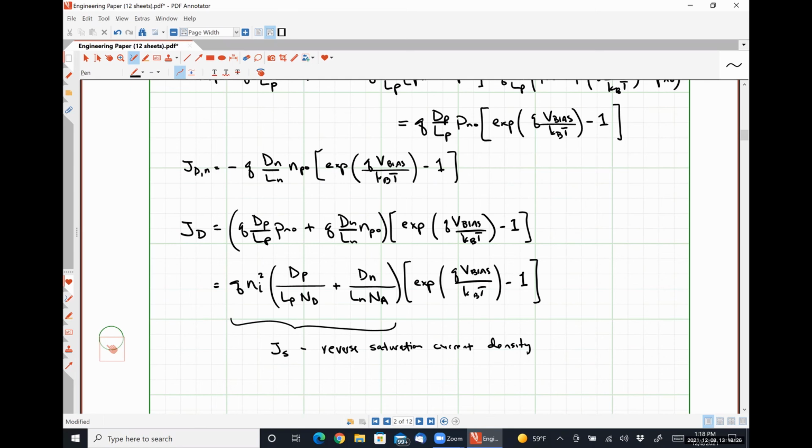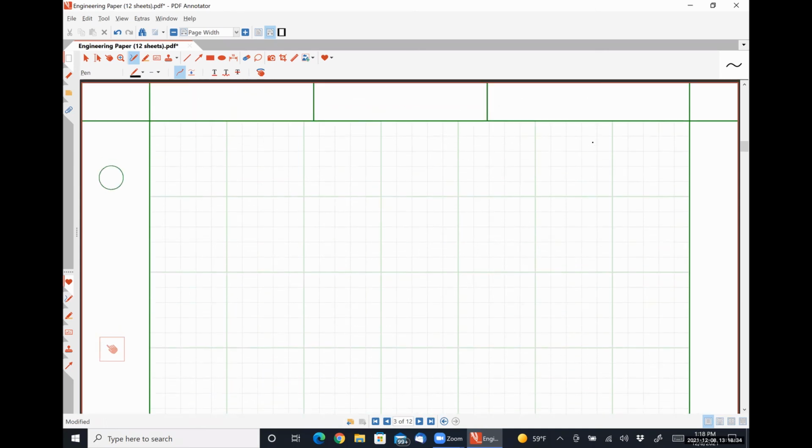Okay. So jumping a little bit ahead, what we're going to observe when we get into diodes next week is a current voltage relationship that looks something like this. Here is our current, I'm going to call this ID for diode current.